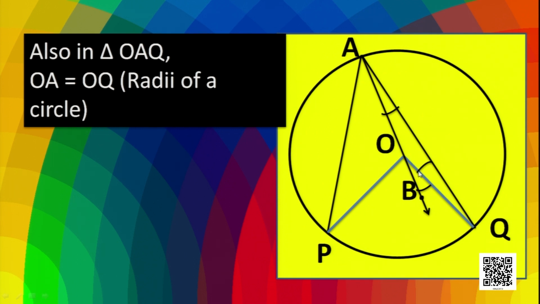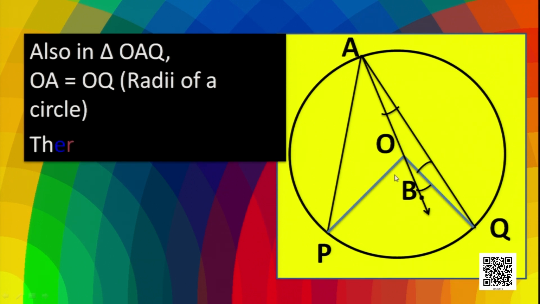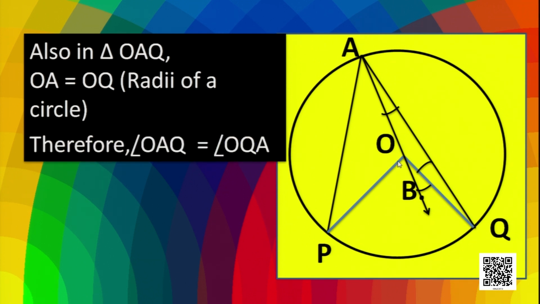Why? Because they are radii of the same circle. So, as you know, in a triangle, if two sides are equal, their opposite angles are equal. So we get angle OAQ equal to angle OQA.